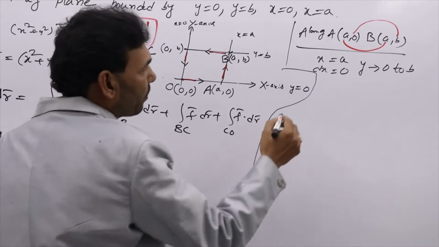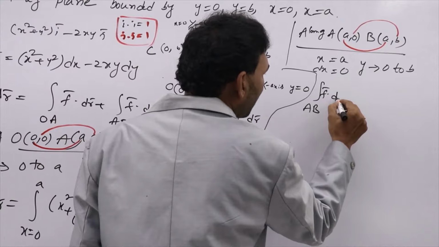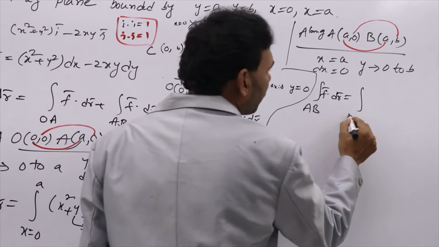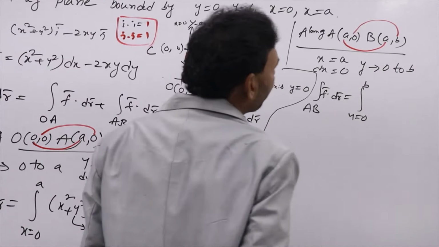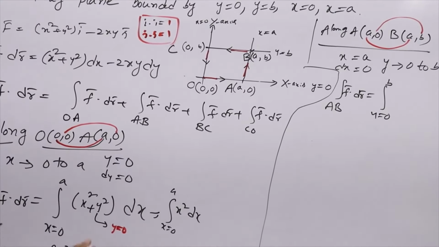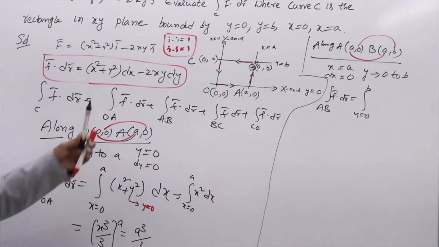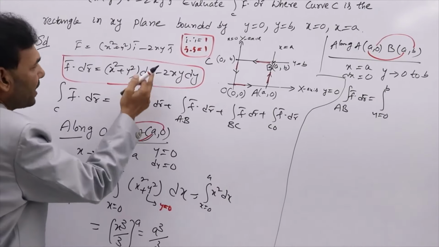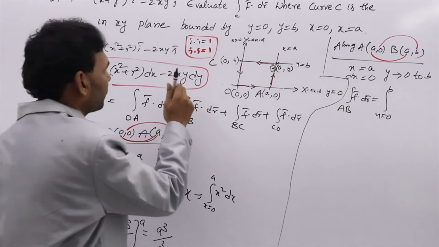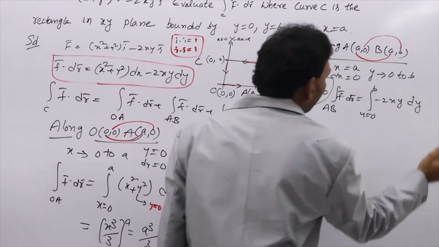Now we are going to evaluate the integral over AB of f bar dot dr bar. So y is from 0 to B. In f bar dot dr bar, dx is 0 in this. In every case we are going to take that one only. Dx is completely 0, so you only need to write the dy term, that is minus 2xy dy.